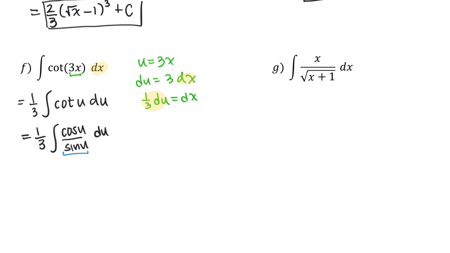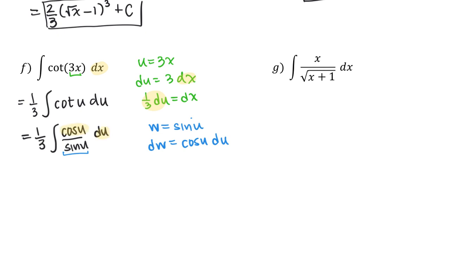Now, I can't let u equal this again because I already used u. So let's try w, because my v's sometimes look like u's. Okay, let's make w equal sine u. Then dw equals the cosine of u du. Now let me look again. I substituted for sine.